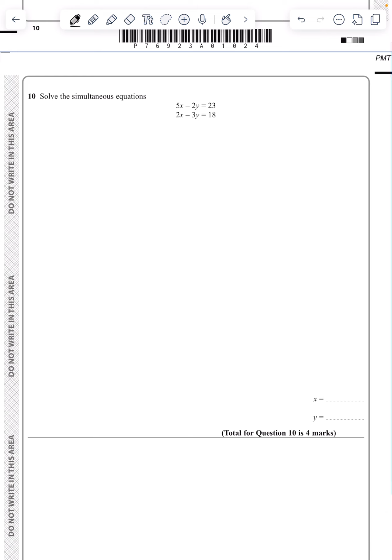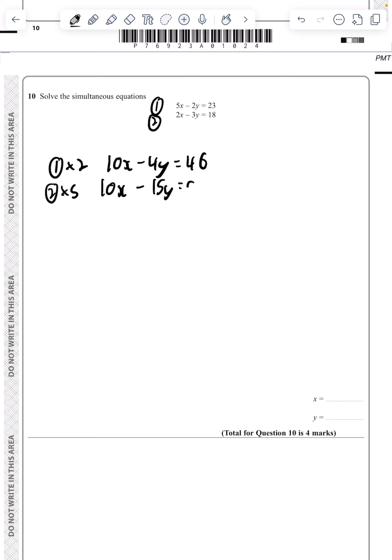Again, slide this off, so times 20. Then I'll subtract, so -4 minus 15 is 11. 46 minus 90 is minus 44.